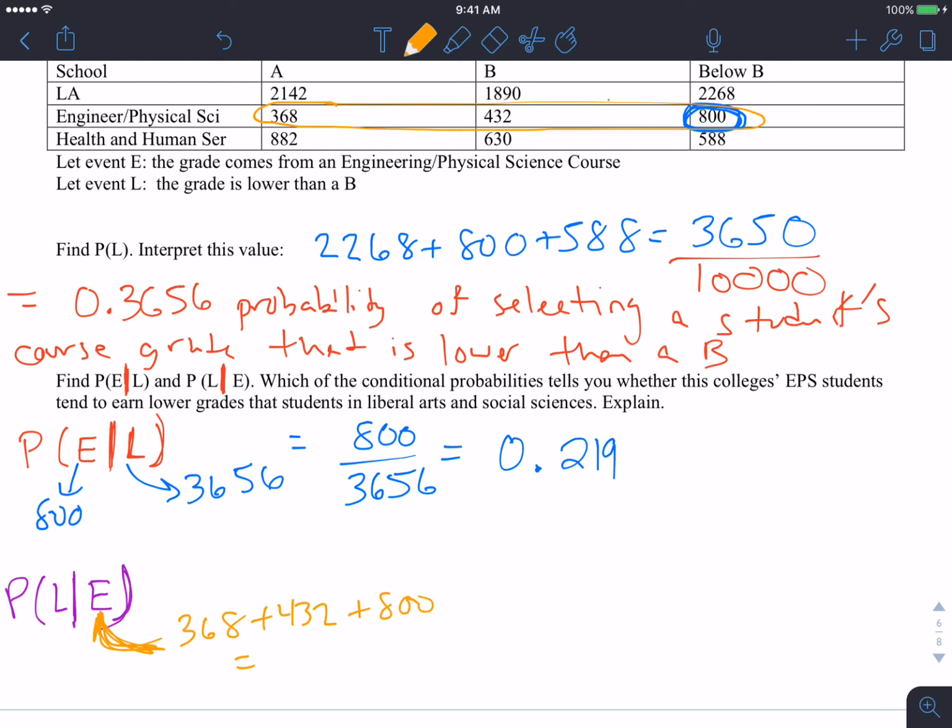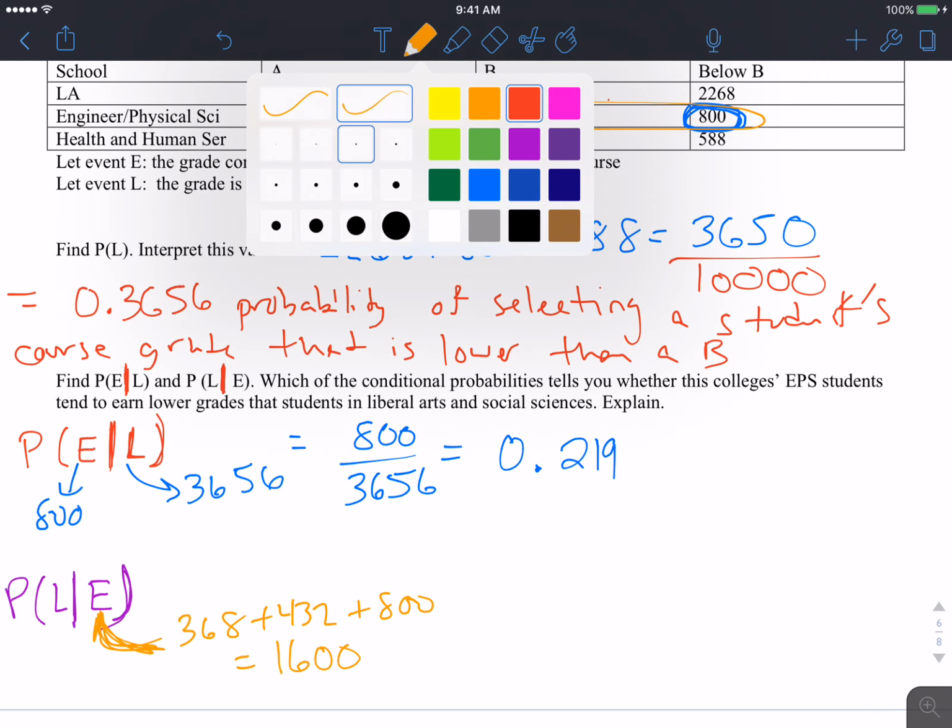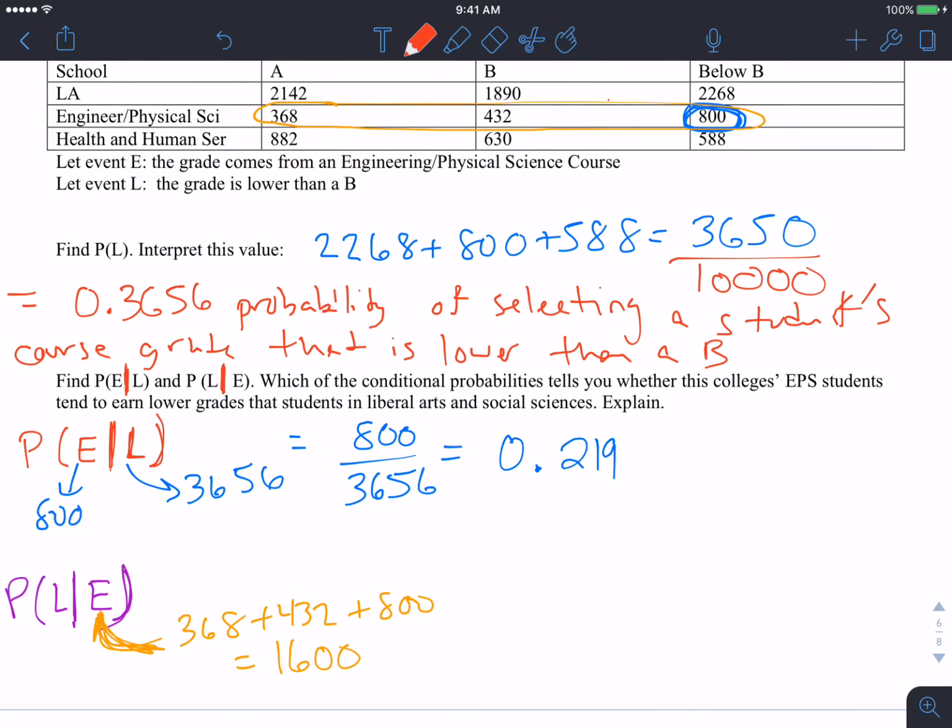And that will give me a grand total of 1,600. And then it says the grade is lower than a B, and there's 800 of them. So that's 800 over 1,600, and that is a probability of 0.5.